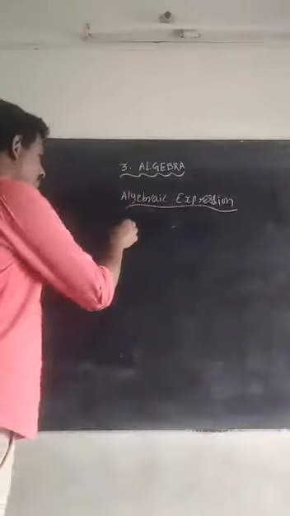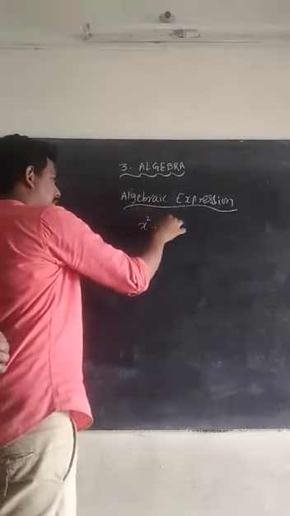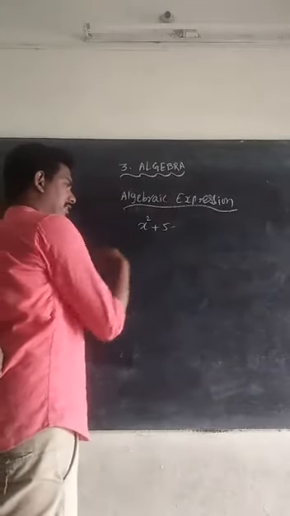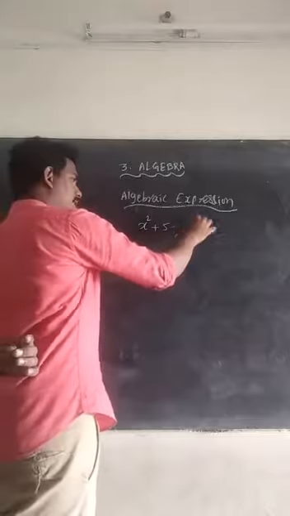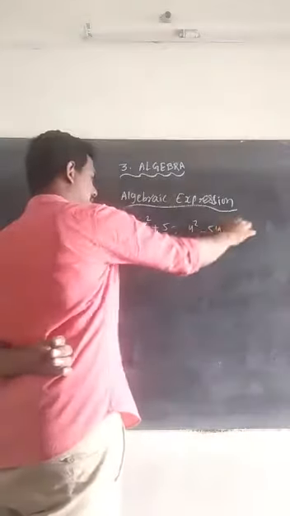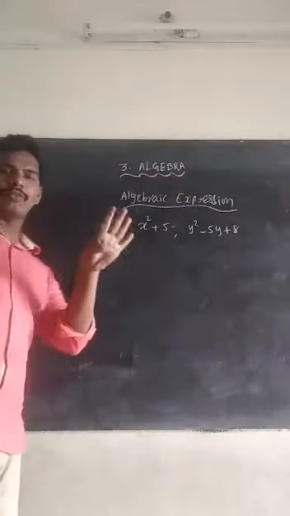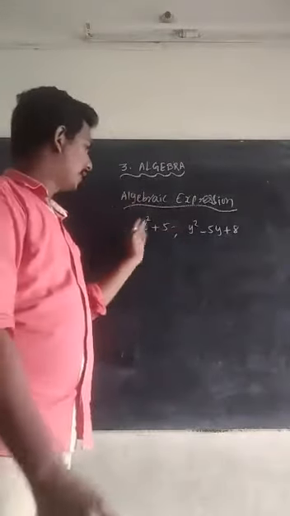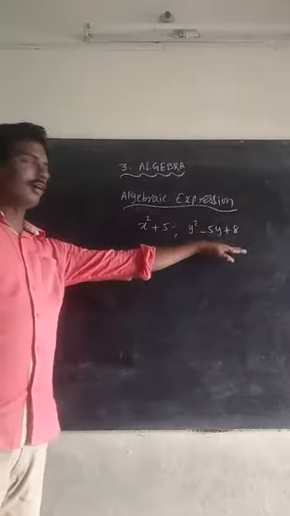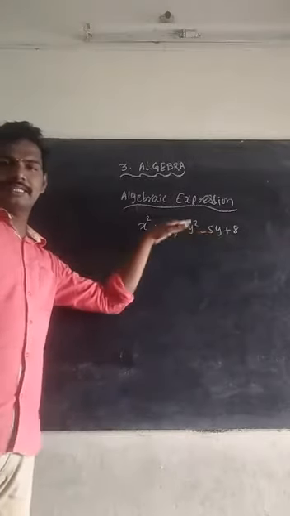For example, x square plus 5 is also one algebraic expression. y square minus 5y plus 8 is also one algebraic expression. Expression means using 4 fundamental operations, we can add this type of expressions.